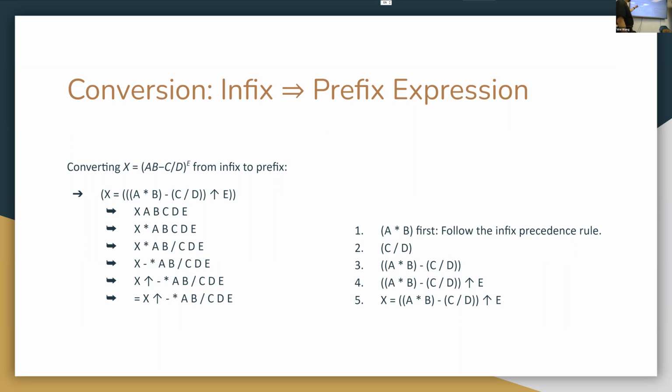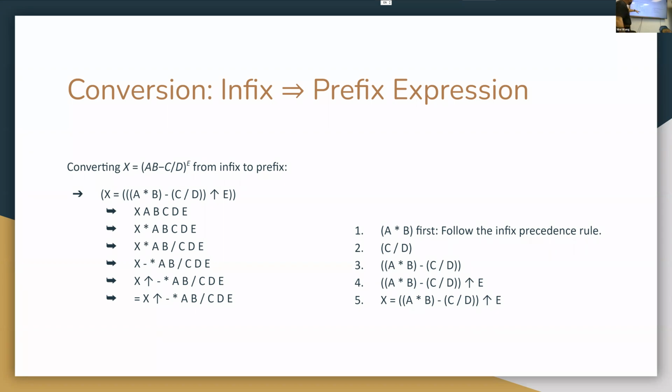So when we put all these variables down here, each one of them has its own value. Now we can say we have to do A times B first. So we take that multiplication and put it right here in front of A and B. That means we have to do that first.